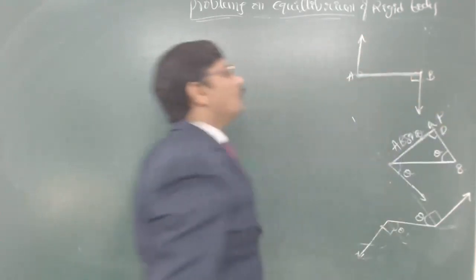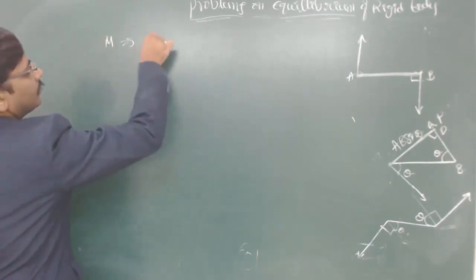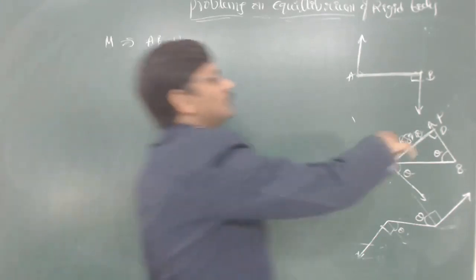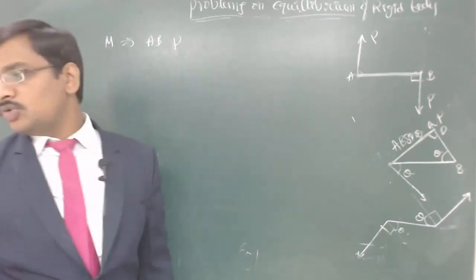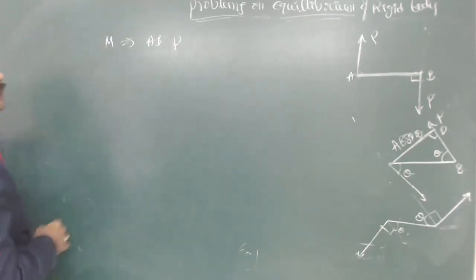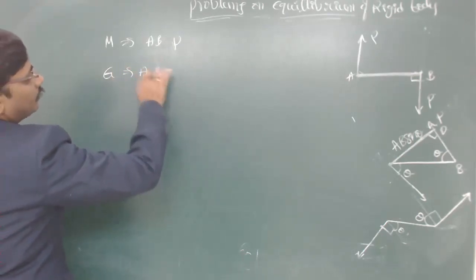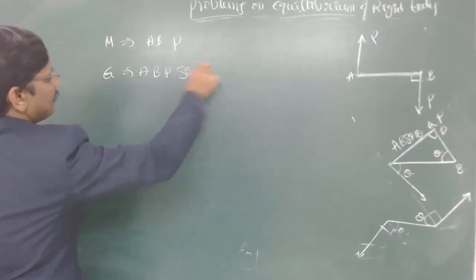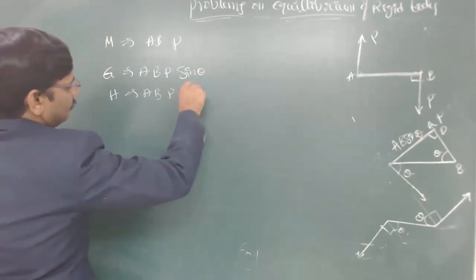So the new moment will be, let us say, M is equal to AB into P. So this is the force P and this is P. So AB into P is the new moment. Now this AB into P, we have actually G is equal to AB into P into sin theta and H is equal to AB into P into cos theta.